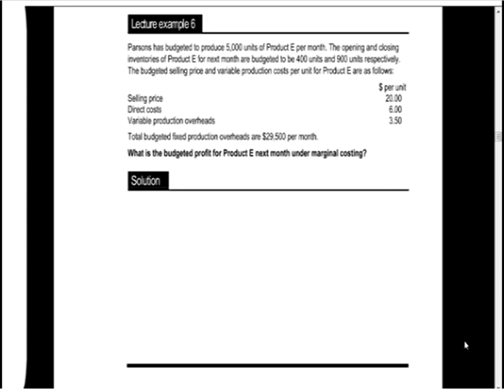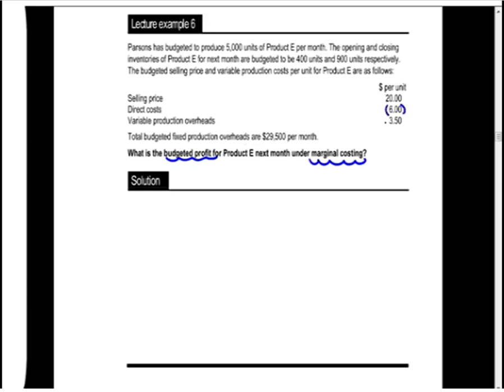And we're given some information about how many units we are going to have in stock at the start and the end of the month, as well as information about the actual product and the fixed costs. So what we want to do then is to work out what our budgeted profit will be for next month using marginal costing. So we need to start off by working out the contribution per unit.